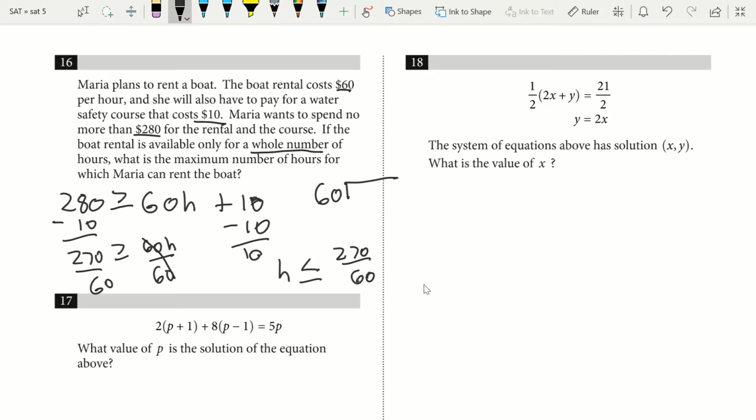We can think of this as how many times 6 can go into 27, and since it has to be a whole number, we don't even have to do long division. What's the most times 6 can go into 27? That's 4, because 6 times 4 gives us 24, but 6 times 5 would be 30. So the most times 60 can go into 270 will also be 4. So our answer will be 4.